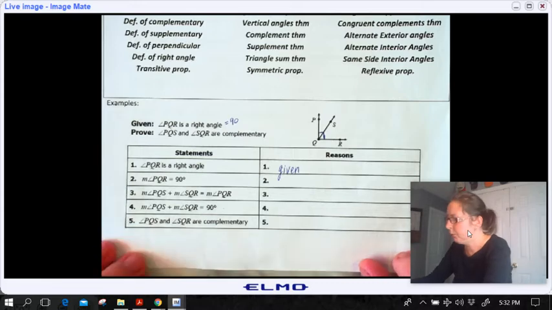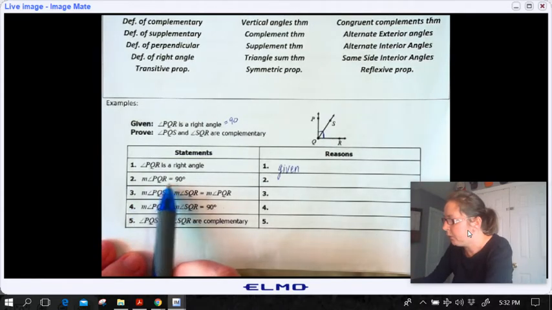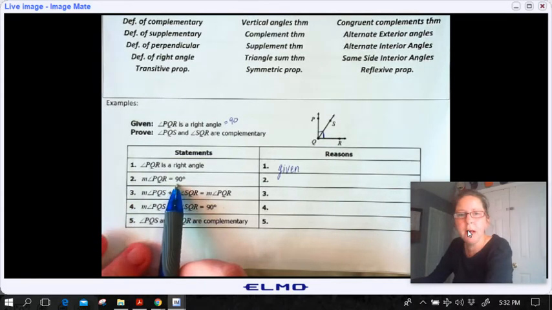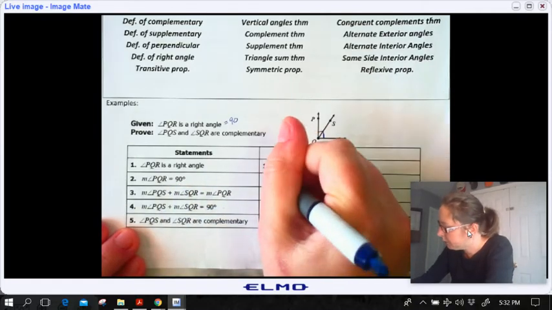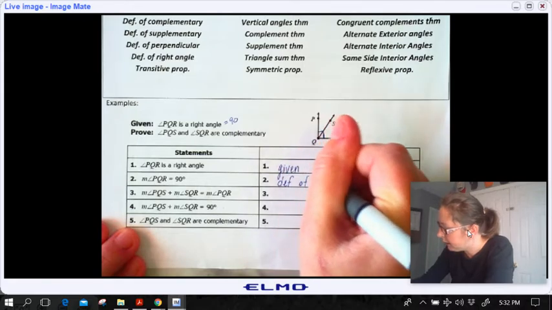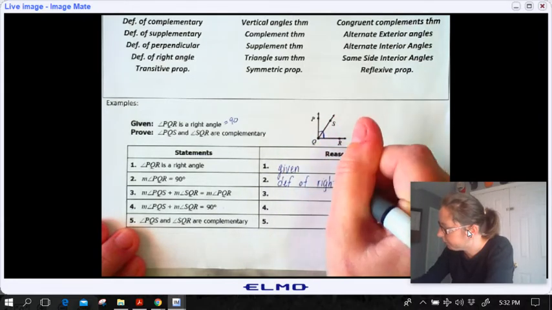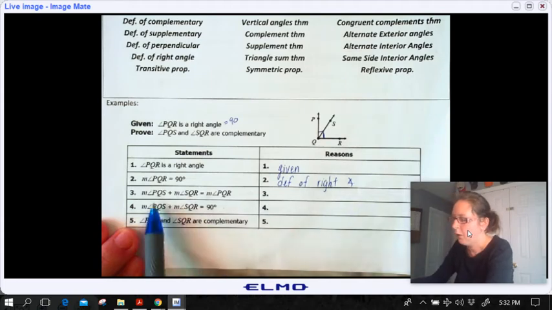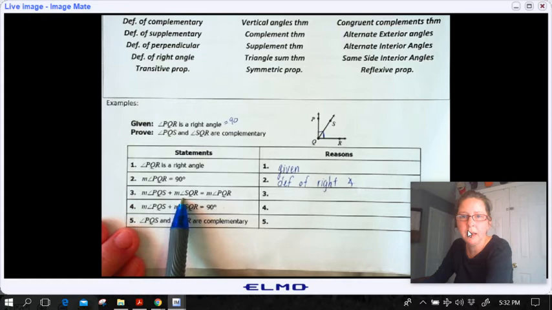Okay, so PQR equals 90 degrees. Well, that is because of the definition of a right angle. Okay, now we're going to say that PQS and SQR equal PQR.